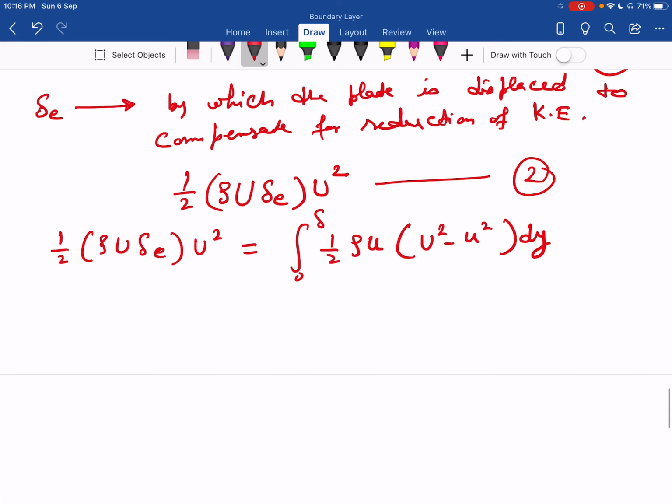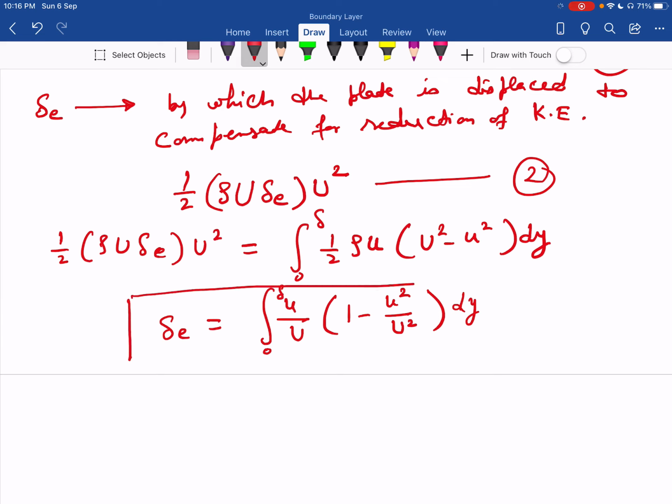So now from here I can write delta E. That should be equal to the integral from 0 to delta of u upon capital U, into 1 minus u square upon capital U square, into dy. So this is the formula for energy thickness. Okay, so these are the three formulas for determining the boundary layer thickness. Okay, thank you.